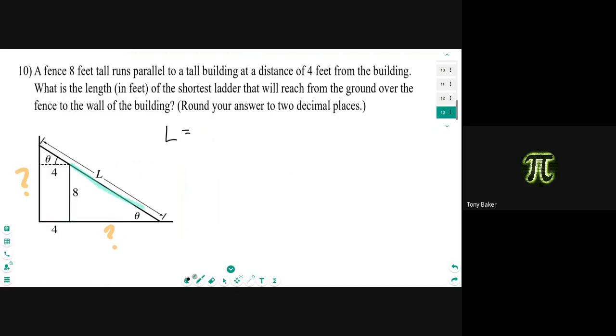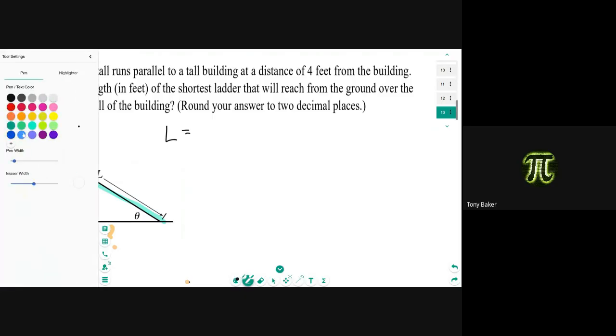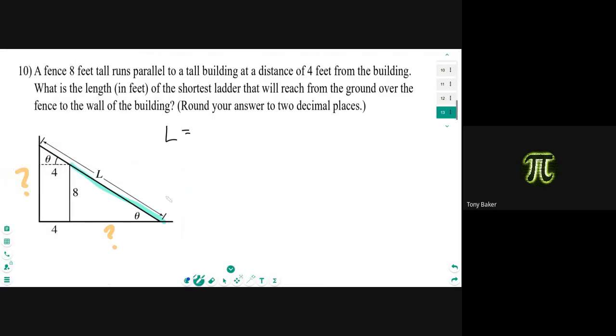So I could find that length. So what's that length? So what's that one?